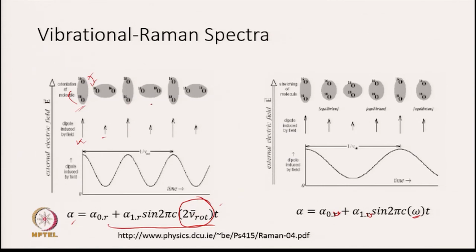Then on further rotation, this 18O will come here and 16O will go here. We are talking about this kind of rotation. In this condition also there is a decrease in induced dipole moment, and then on further 90 degree rotation, what you will get is 16O up and 18O down, and then you have higher dipole moment.